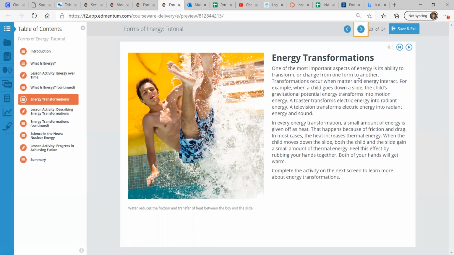So in every energy transformation, there is a small amount of energy that is given off as heat. And heat is a form of energy that can't be transformed into the desired energy form. And this happens because of friction and drag.